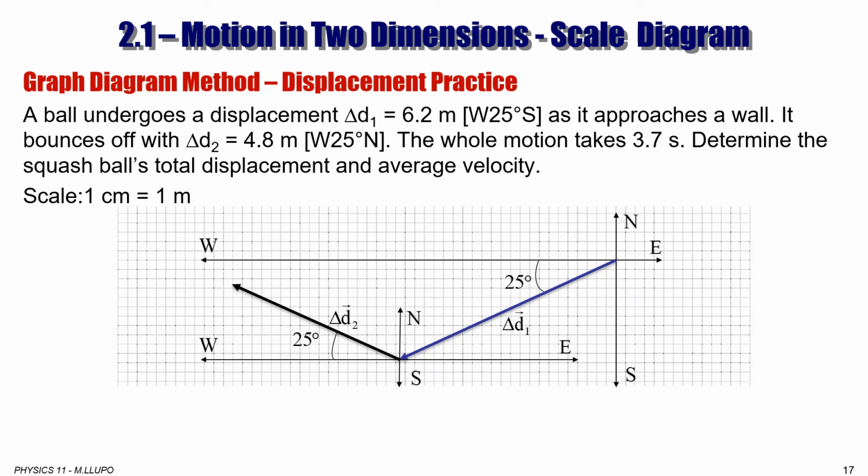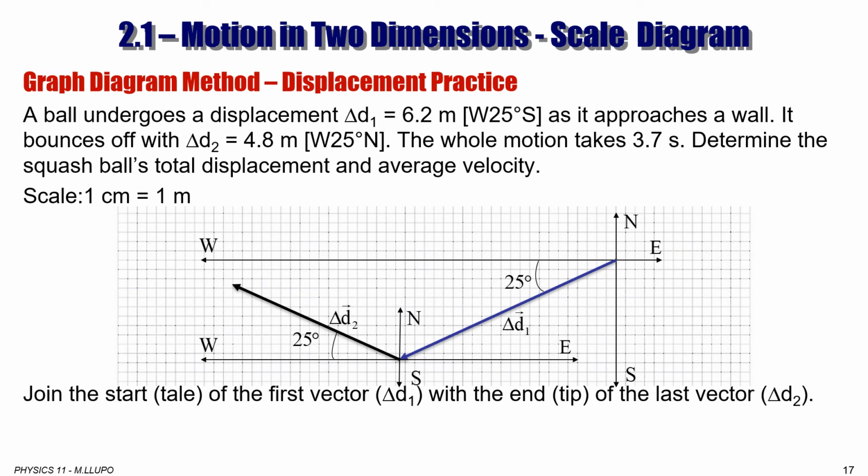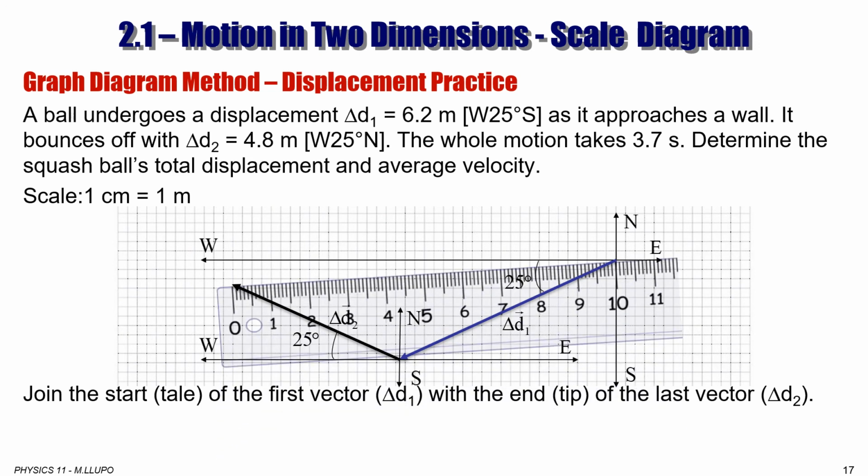Now you are ready for the final step, which is the total displacement. It starts where the first vector starts and ends where the last one ends. So you have to draw a line to join those 2 points, starting from where the first started toward where the last ends.